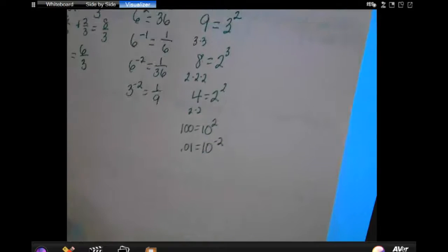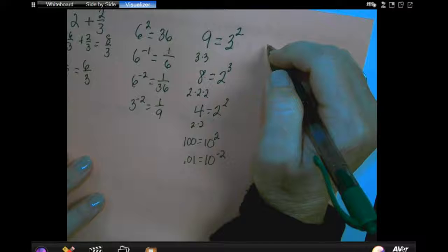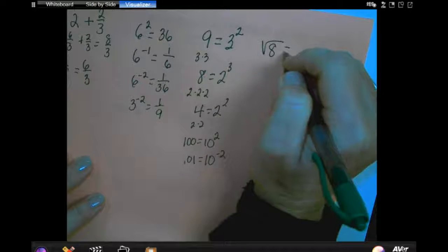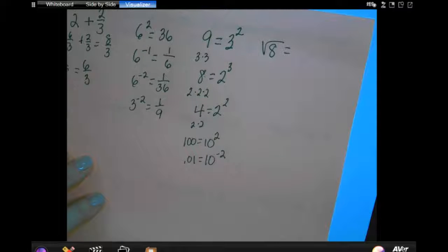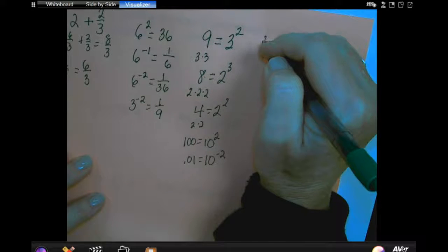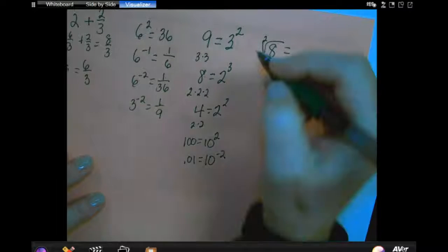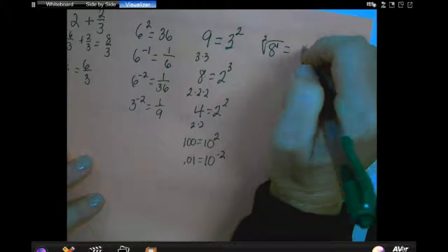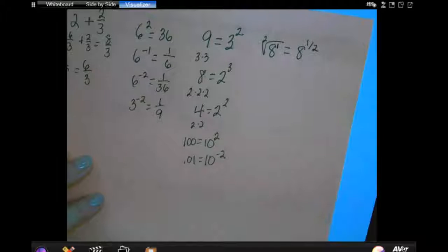Okay, so the next thing I want to review before I start today's notes is this. If I have the square root of 8, and I want to write this with an exponent. So this is always a 2, even if we don't write the 2. And the exponent on the 8 is a 1. So I get 8 to the 1/2.